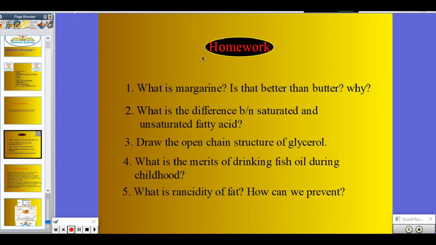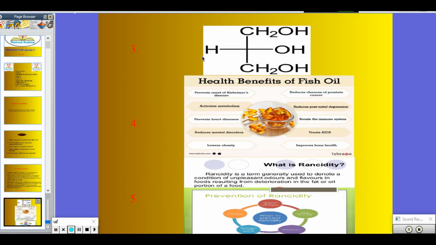Question number 4. What is the merit or advantage of drinking fish oil during childhood? The advantage is it prevents heart disease, it activates metabolism, it lowers obesity, it reduces mental disorder.